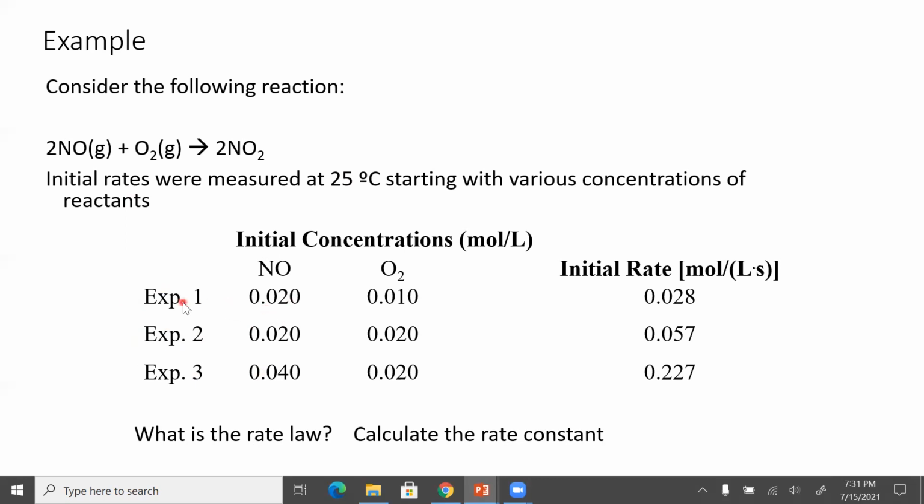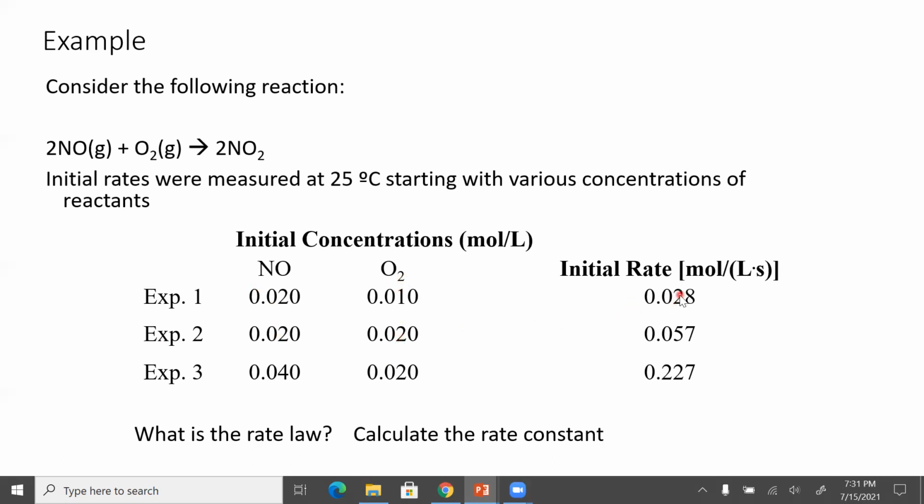So in experiment 1, the concentration of nitrogen monoxide originally is 0.020. Oxygen is 0.010. And the initial rate of the reaction is 0.028. Okay, trial 2, we hold the nitrogen monoxide constant and we double the oxygen.